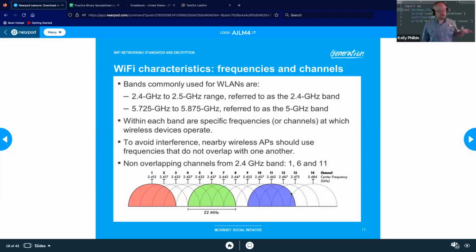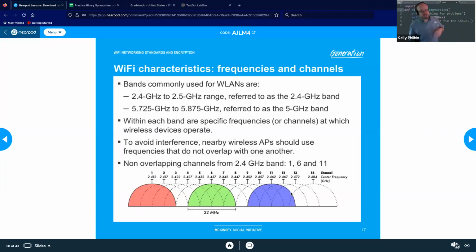And with these 3, you can create a 3-dimensional map, with a floor above you and a floor below you, where you never have overlapping channels. So when you create a mesh, those cannot be on the same channel. If you have one on channel 1, the one next to it is likely going to be on channel 6 or 11 because they can't overlap. Otherwise you start having crosstalk problems occur.